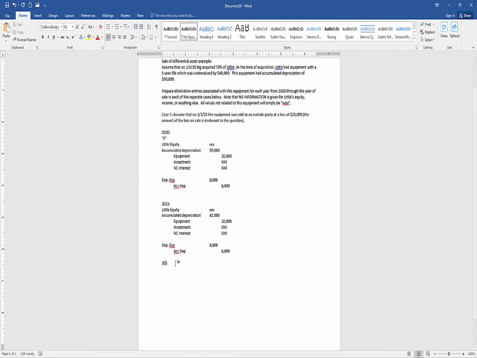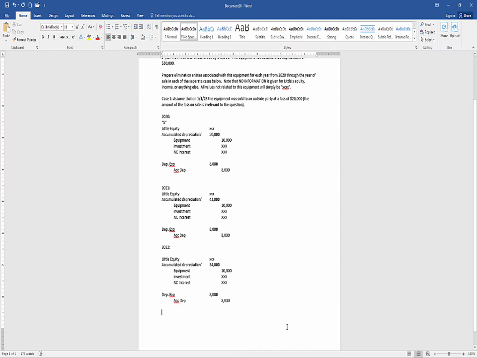Okay, 2022, same drill. Again, I'll just copy and paste. Last year we debited accumulated depreciation for 42, credited it for 8, so now we're carrying forward $34,000 of accumulated depreciation. And again, we take another year's worth of amortization.